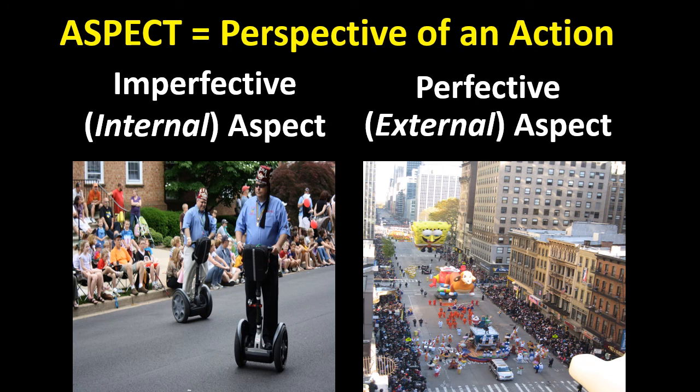Now, as you zoom out, let's say you're up in a helicopter, above the parade, or at the tallest point of a building looking down on the parade, you see the action as a whole. You can see the beginning of the parade, where it ends, and everything in between. You may be so high looking down that it seems like the participants in the parade are not even moving.